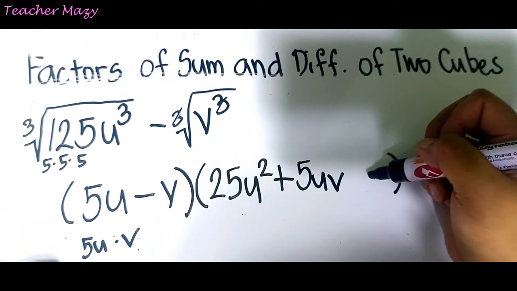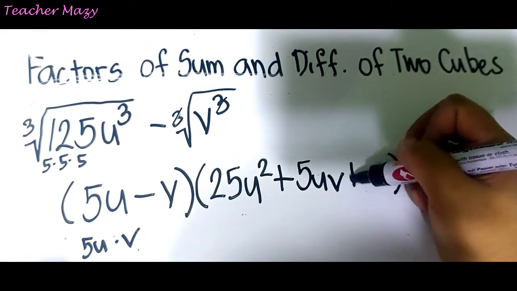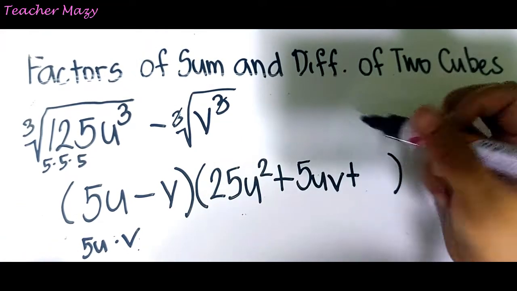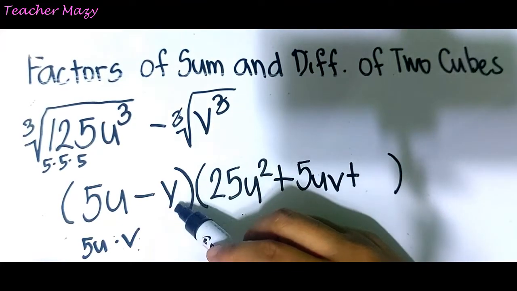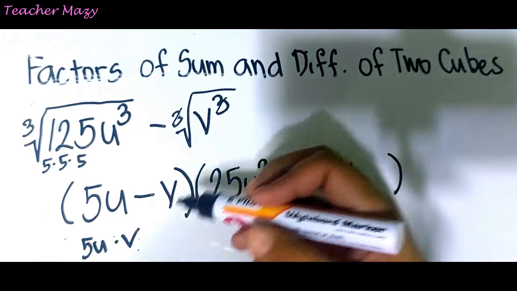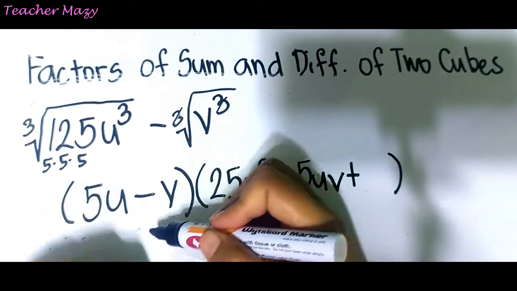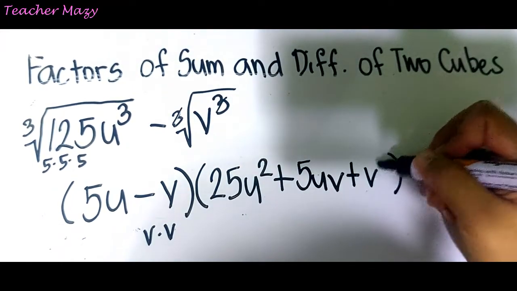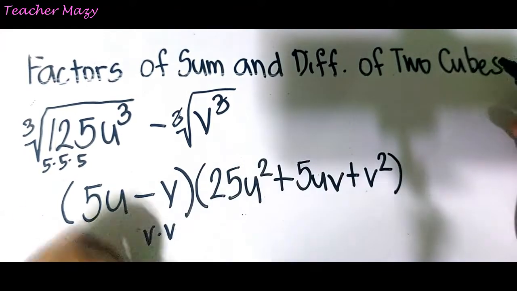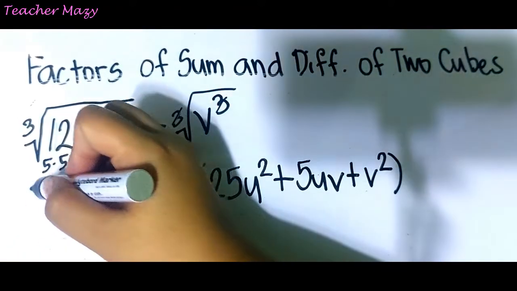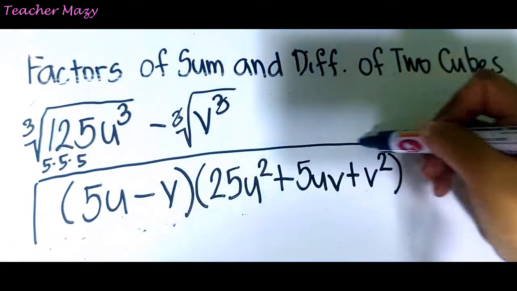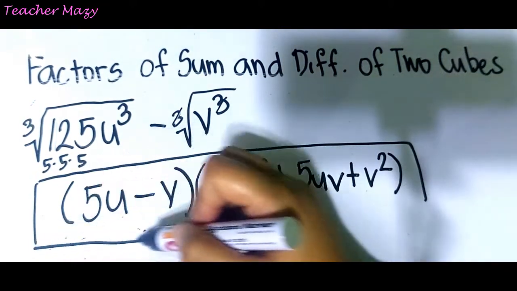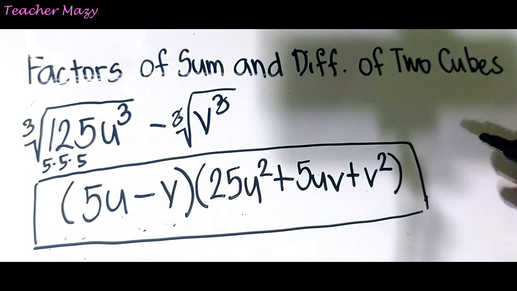And then for our third term, it is always positive, we need to square our second term here, that is v times v, that is equal to v squared. And this is the answer. So this is the sum and difference of these two cubes.